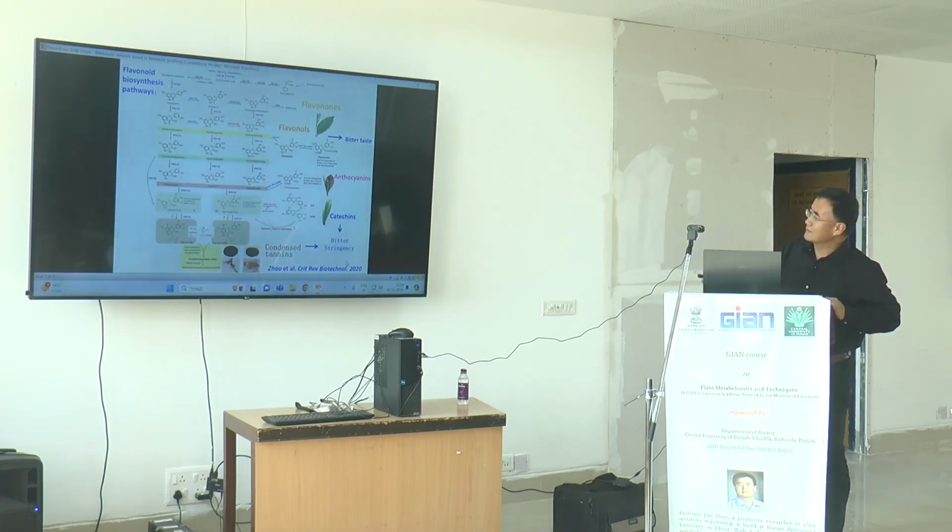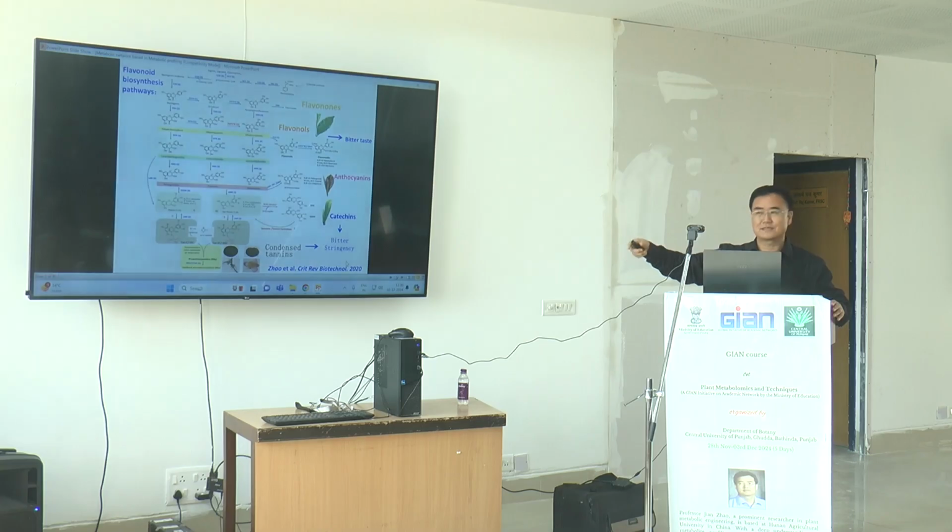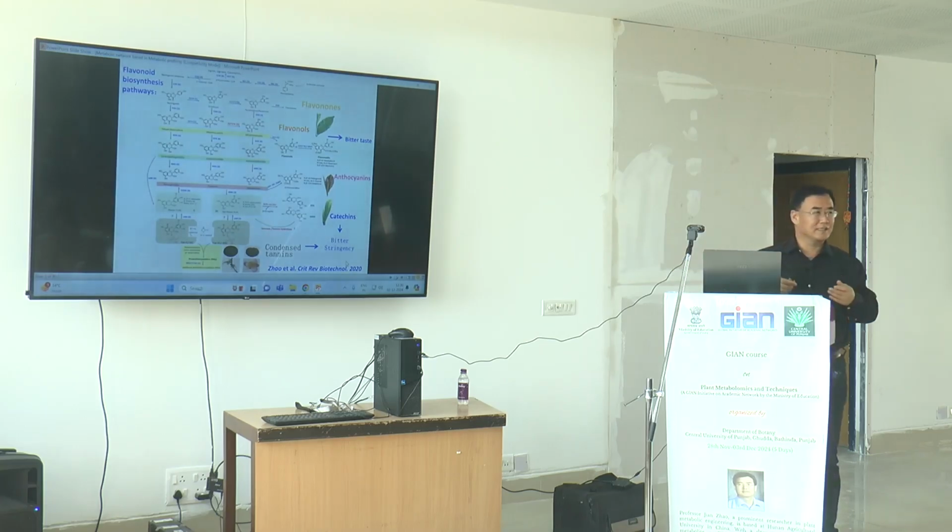This is the review paper I once wrote on the tea plant. The reason I shifted to studying the tea plant from other medicinal plants and also soybean is just because the tea plant is enriched in so many different kinds of metabolites.